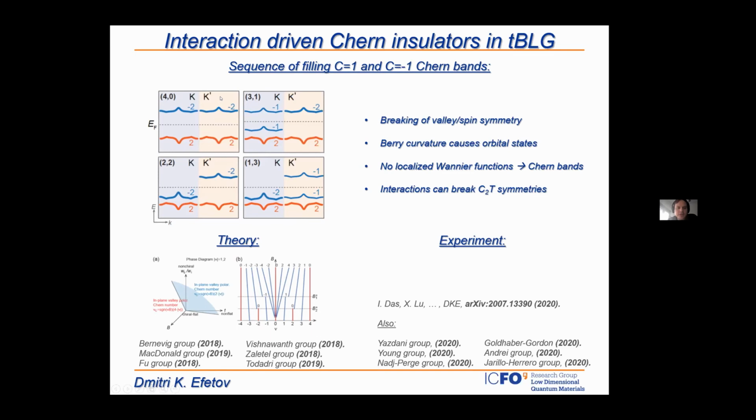However, if we start filling the system and go to the filling of 1 electron per unit cell, then we fill only one of these bands at a time, and therefore we get valley symmetry breaking here, and we fill only one band in the valley with Chern number -1, which then results in a Chern number of 3.